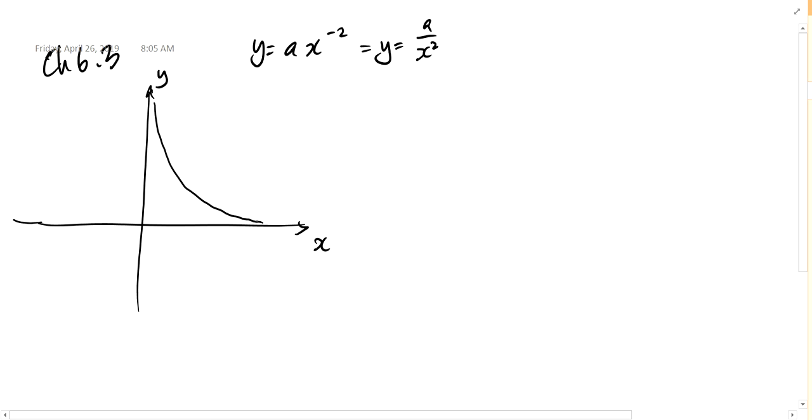Okay, what is so special about this that I need to take note of? This portion must go closer and closer to the y-axis, but can it touch or not? Cannot touch. Then on this side, you must go closer and closer to the x-axis, but can it touch or not? Cannot touch.